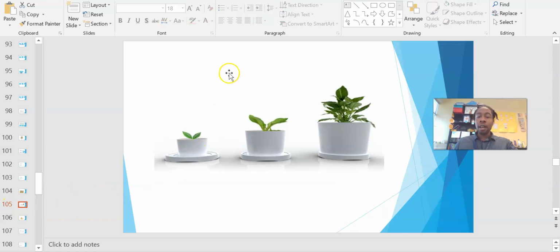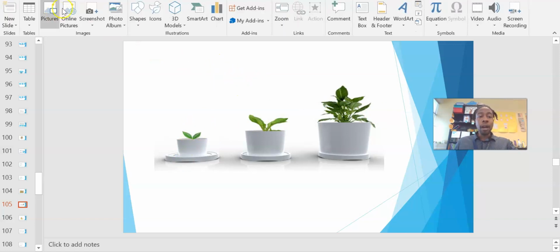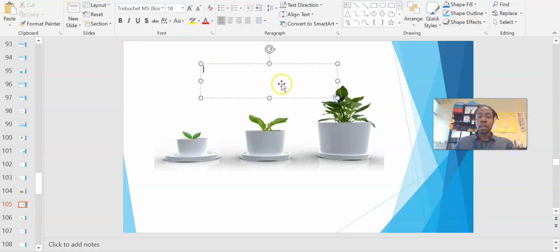Right here we have la planta. La planta, or quizás son las plantas. No sabemos. ¿Qué ves tú? So, what I see here, la planta está creciendo.